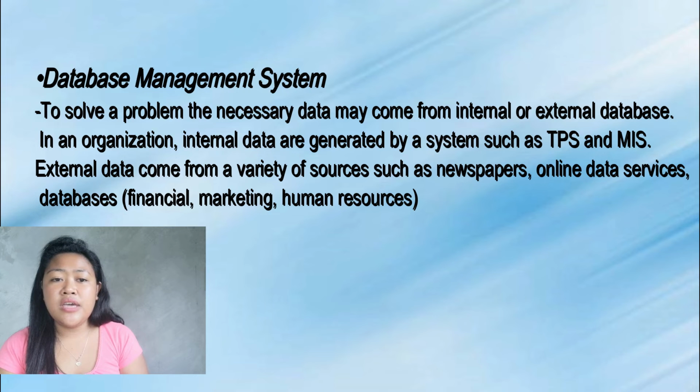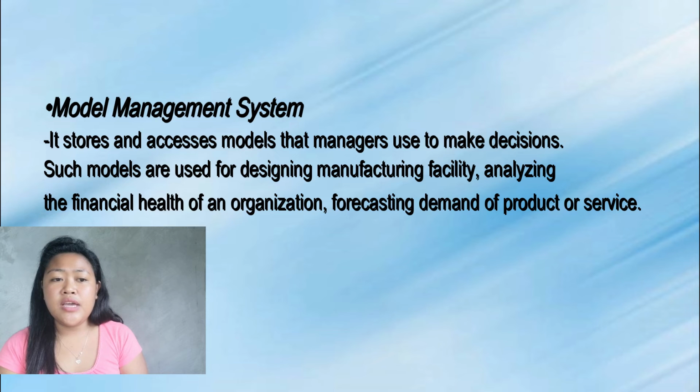External data come from a variety of sources such as newspapers, online data services, and databases. Model management system. It stores and accesses models that managers use to make decisions. Such models are used for designing a manufacturing facility, analyzing the financial health of an organization, and forecasting demand of products or services.